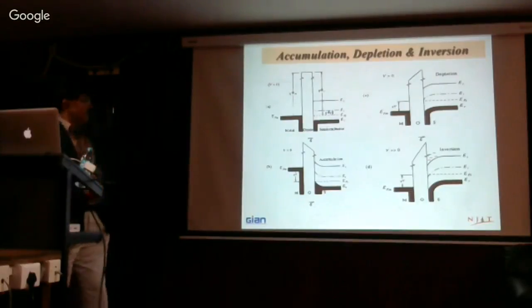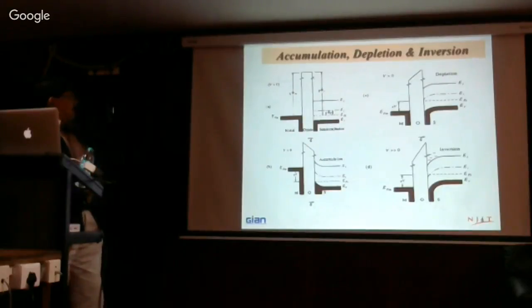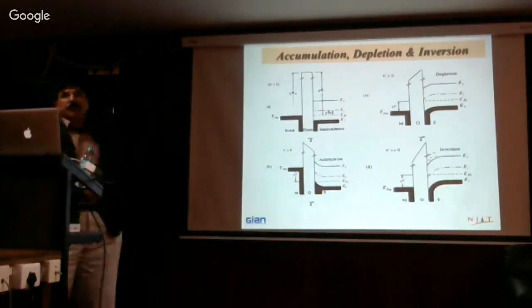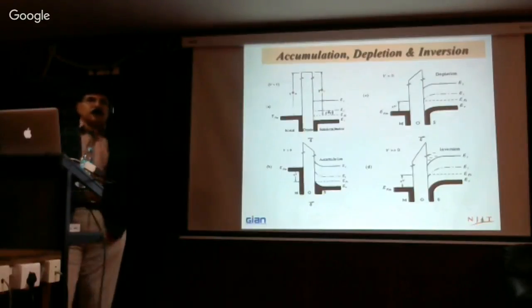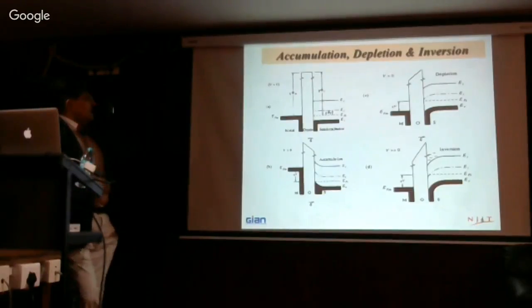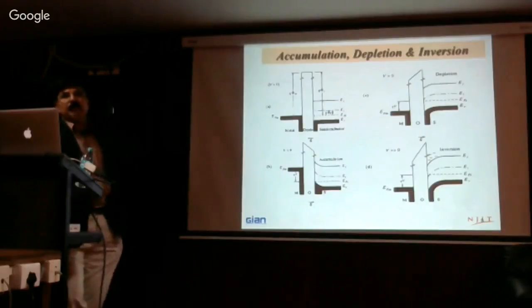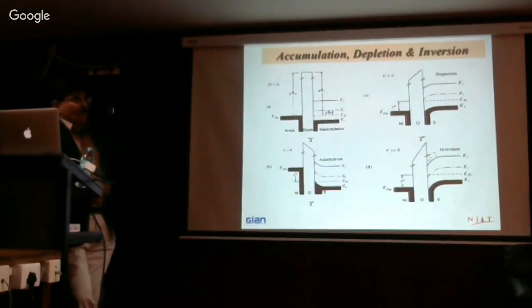Typically, q phi F is the measure of the number of impurity atoms in the substrate. Depending on the impurity atoms, for P doped, the Fermi level is below the intrinsic Fermi level.